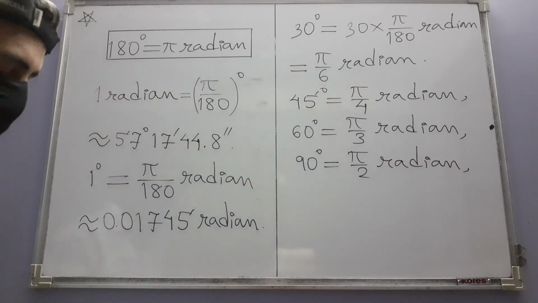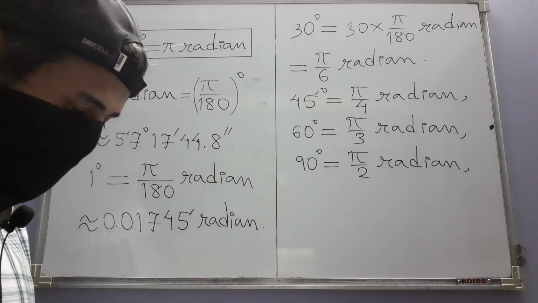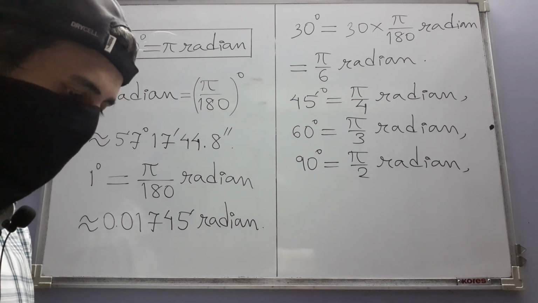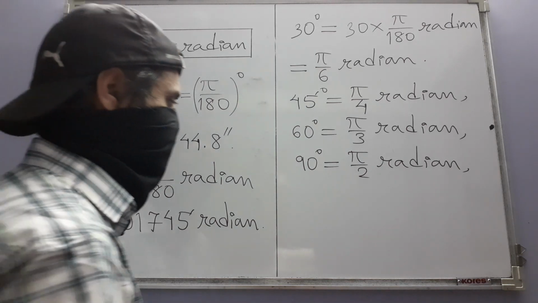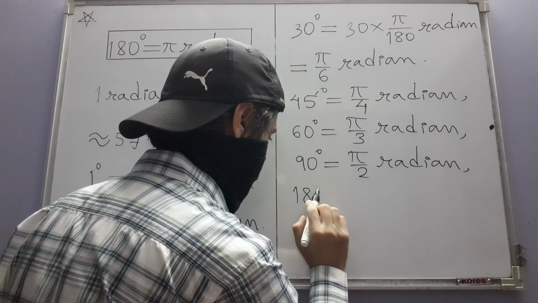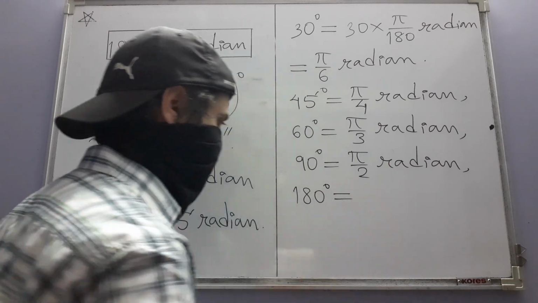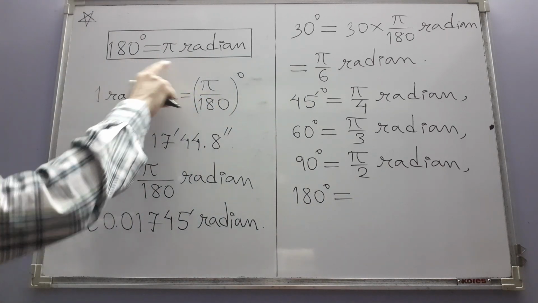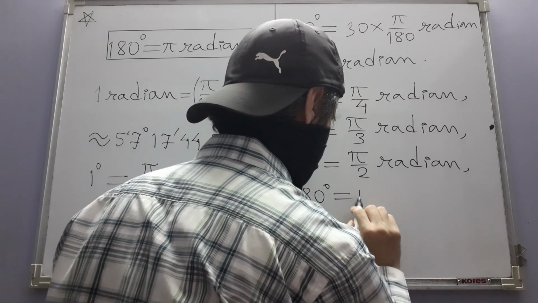There are some other angles also beyond 90 that are considered here, 180. For this you do not even have to do anything because you already have it here. So this is pi radian.